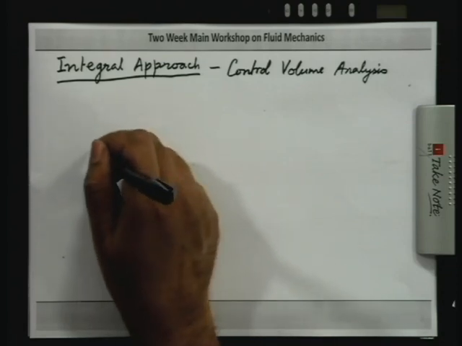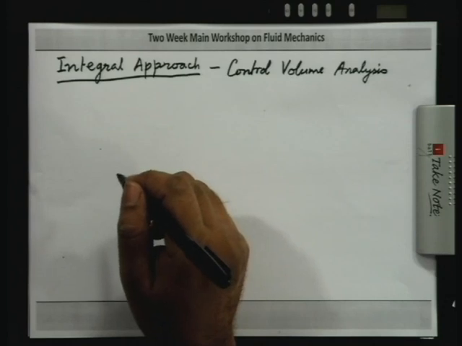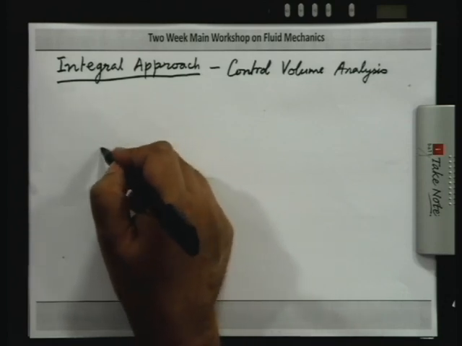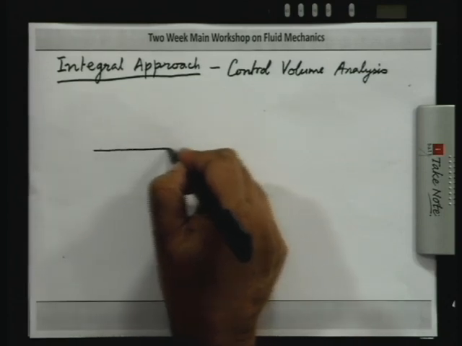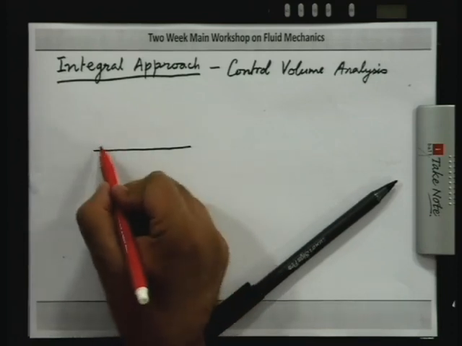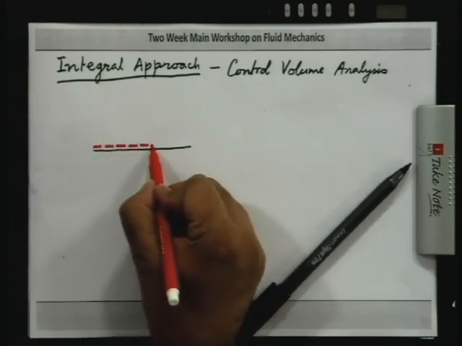So, let us say you want to find what is the drag on a plate. Now, I can do it in several ways, that is you can choose different control volumes. So, I will first of all give you an indication. Suppose there is a plate, you can choose a control volume with one surface which is coincident with the plate.